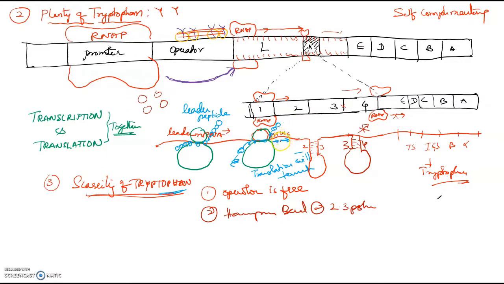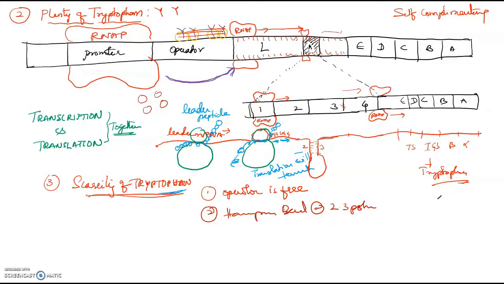When tryptophan is not there, tRNA will not have tryptophan, so protein synthesis will get terminated prematurely, and the hairpin bend is formed here at 2,3. Now when the hairpin bend is formed at 2,3, the 3,4 region becomes free. When the 3,4 region becomes free, RNA polymerase will polymerize further and tryptophan is synthesized.